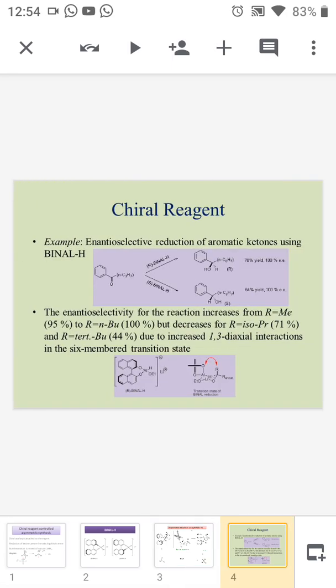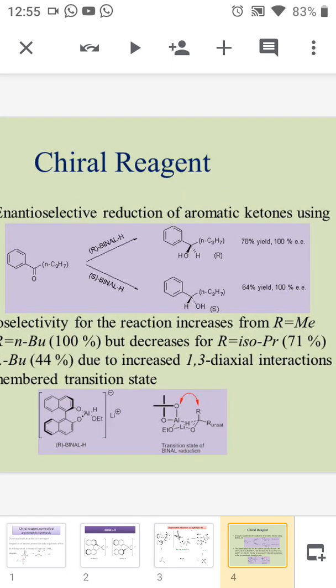Now in the asymmetric reduction using BINOL-H, see here, in the reduction of the carbonyl compound using R-BINOL-H, we will get the R configuration. If you are using S-BINOL-H, we will get the S configuration. These are the major products, and we will get only a single product here.